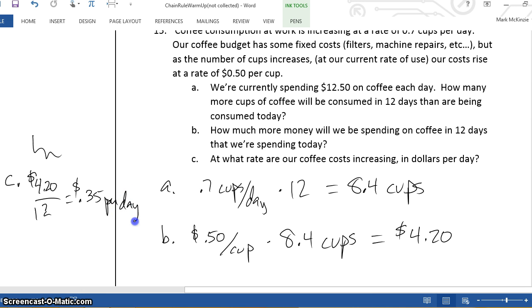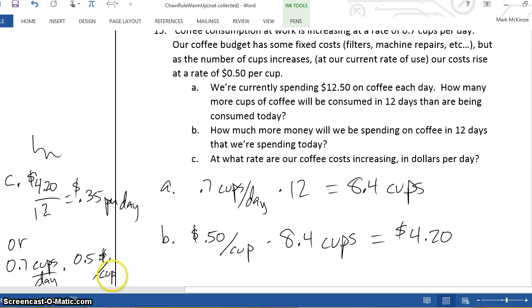The other way to get this answer for the rate at which our coffee costs are increasing in dollars per day would be to compute it directly. We know that our consumption of coffee is increasing at 0.7 cups per day, and we know that our costs increase at a rate of $0.5 per cup.